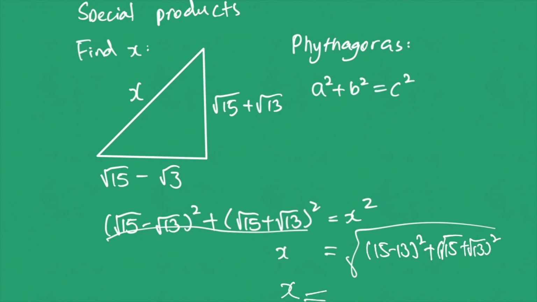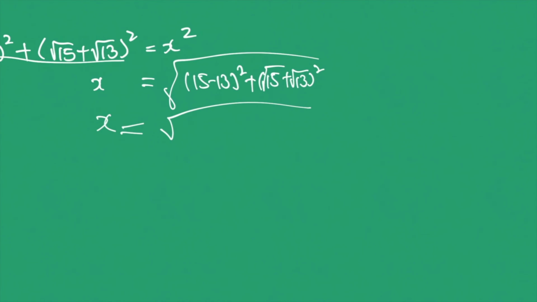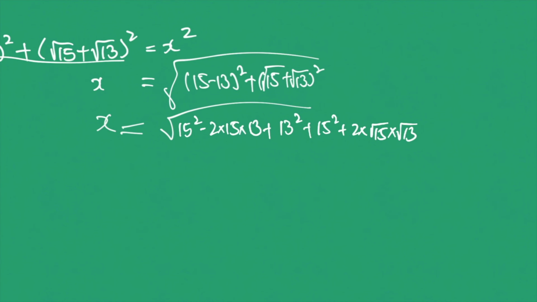For the part inside of the square root, we can use the rules that we learned in algebra: square root 15 squared minus 2 times square root 15 times square root 13 plus square root 13 squared, plus square root 15 squared plus 2 times square root 15 times square root 13 plus square root 13 squared.